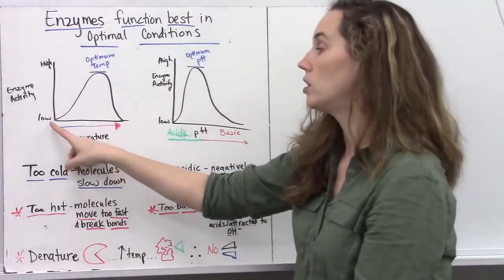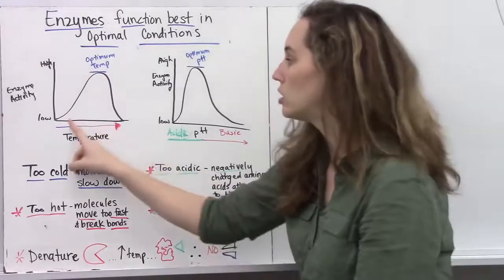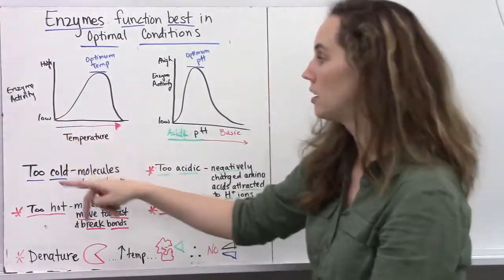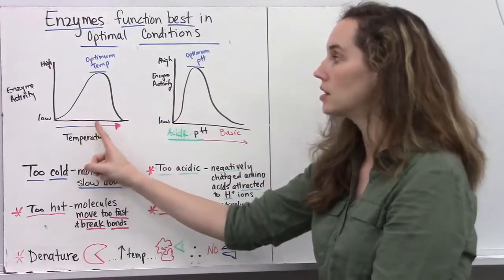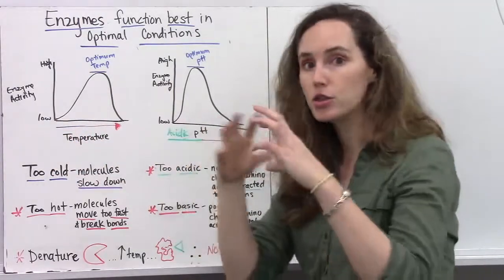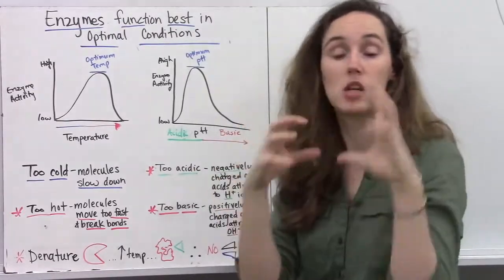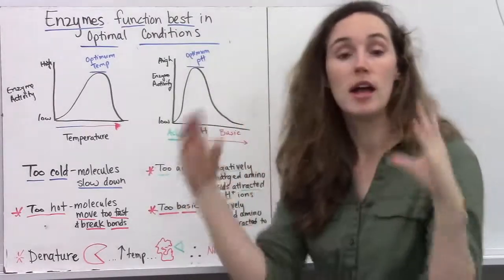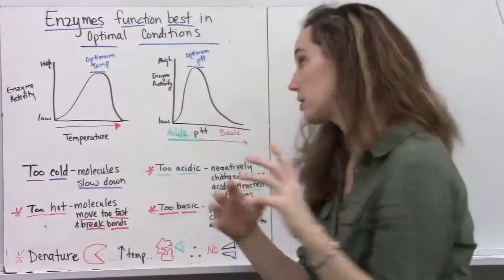enzymes will, at low temperatures, typically have low enzyme activity. But as the temperature increases, the energy of the molecules increases, and the substrates and the enzymes start running into each other more, and so more and more products can be made because the molecules are moving faster.